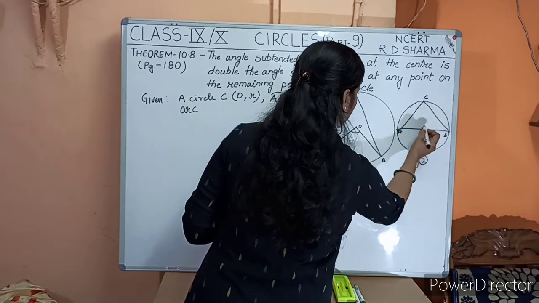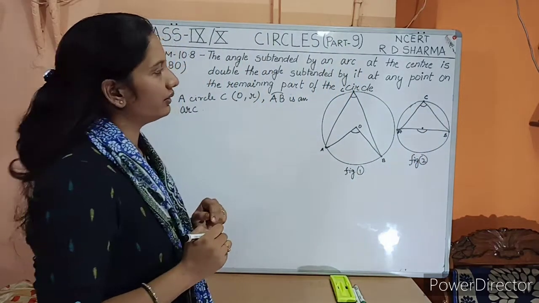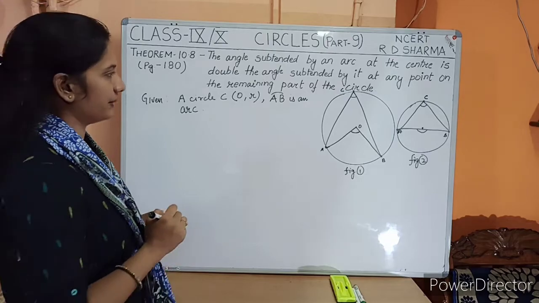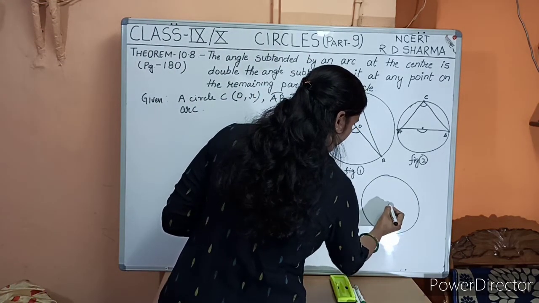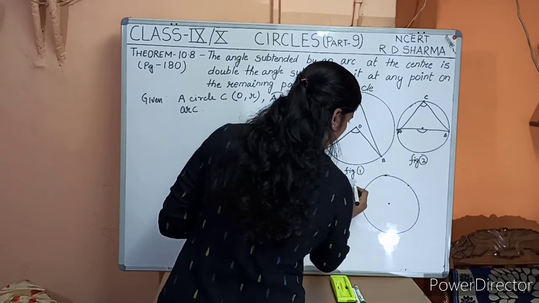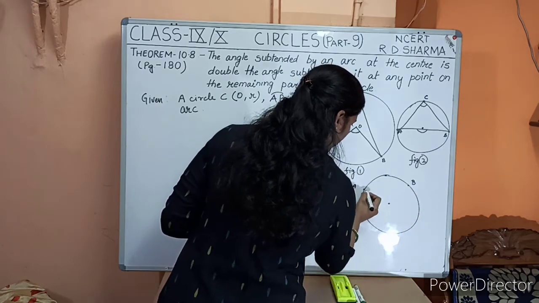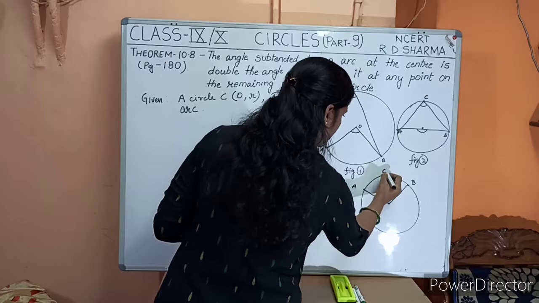At that time also this angle is going to be double the angle which is forming at the point C. And the third case will arise when the arc AB is a major arc, meaning this arc will be major, and C is a point somewhere on the arc.